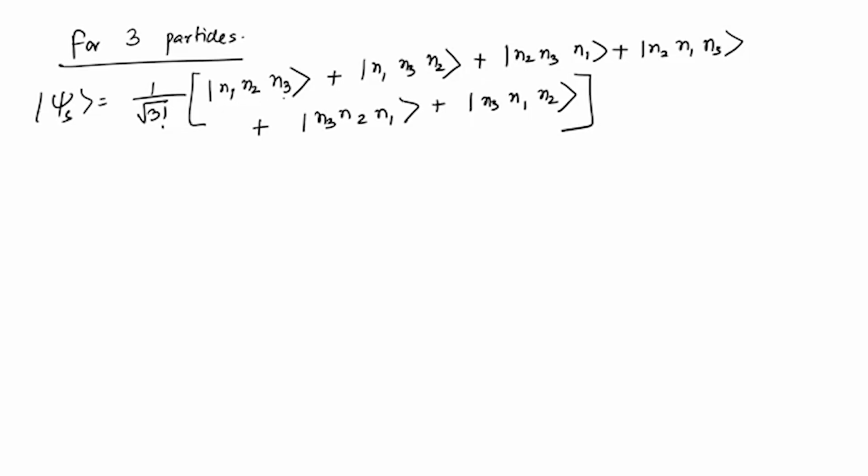Like this one is just the same order, and then we have kept n1, the first particle, to be in n1, and then n3 and n2 are swapped, and so on and so forth. So, one is able to make the 6 combinations, and the normalization demands that there is a 1 by n factorial.